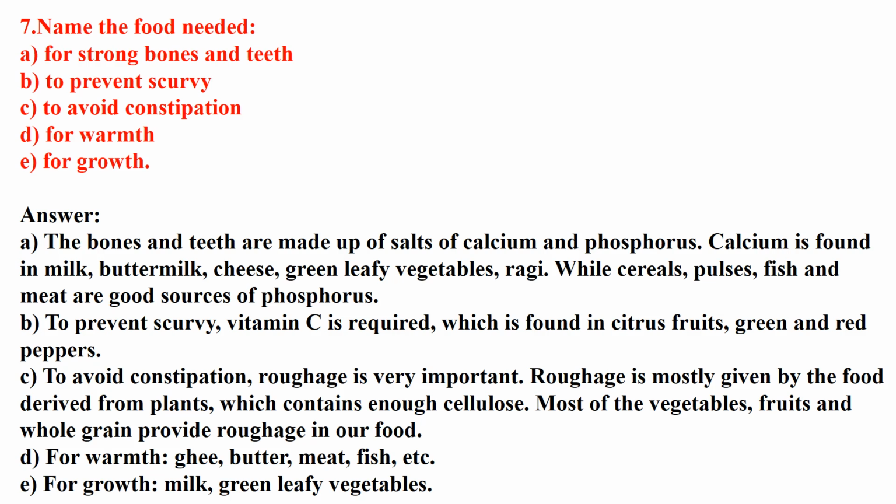Next, for warmth, to make our body warm, which foods are necessary, like ghee, butter, milk, fish. These are mainly fat. And for growth, milk, green leafy vegetables, and so many other things which are part of our balanced diet for our proper growth and development.